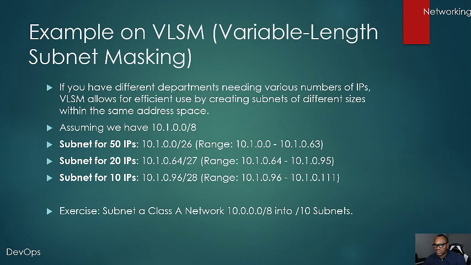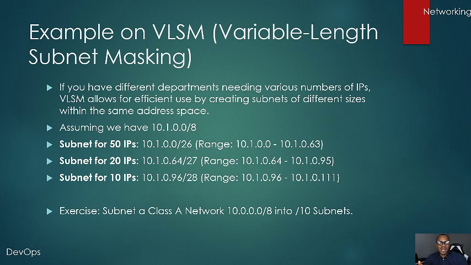So let's look at an example of it. Let's assume you have this particular IP address. You have a department that needs 50 IP addresses. How many hosts? That's what you first need to know. In this variable length, you need to look at how many hosts you need. How many bits do you need to create 50 IP addresses? 2 raised to power 2 is 4, 2 raised to power 3 is 8, 2 raised to power 4 is 16, 2 raised to power 5 is 32.